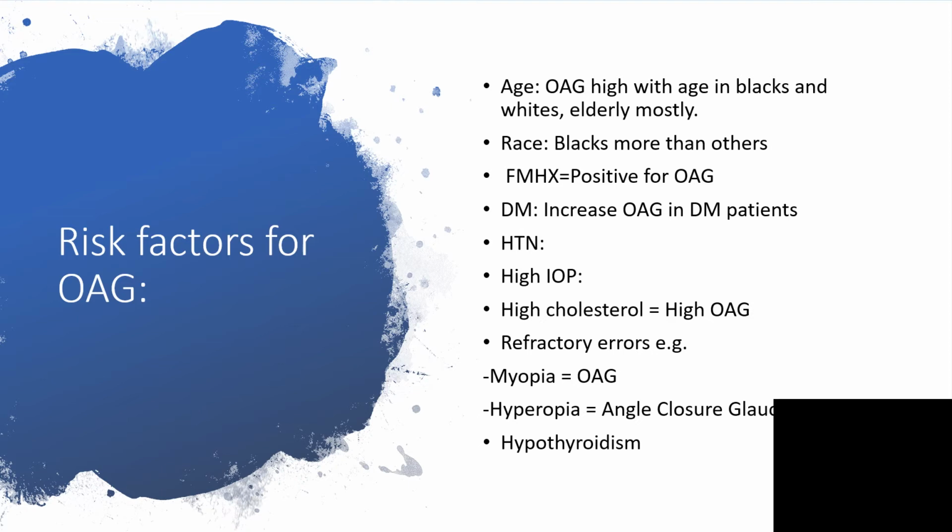Hypertension will do the same. And of course, high intraocular pressure. I've said earlier that having high intraocular pressure is not the only factor. Even people with normal intraocular pressure of 8 to 21 millimeters of mercury could still have glaucoma. We'll explain that later on. High cholesterol.